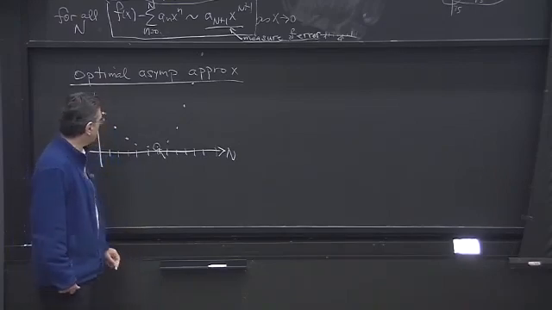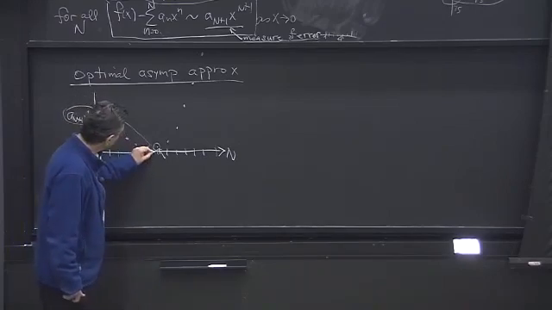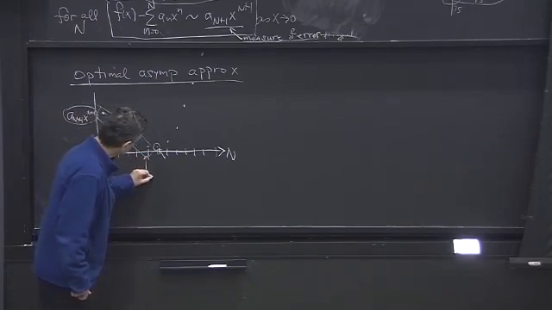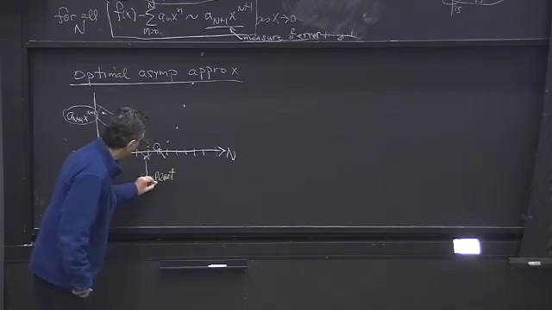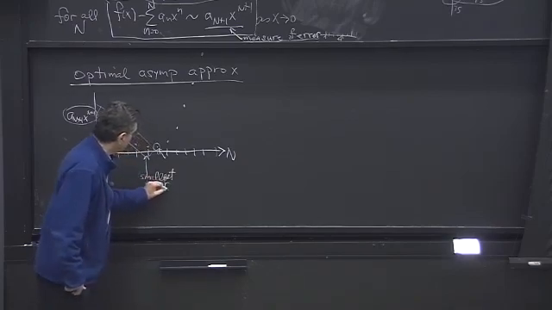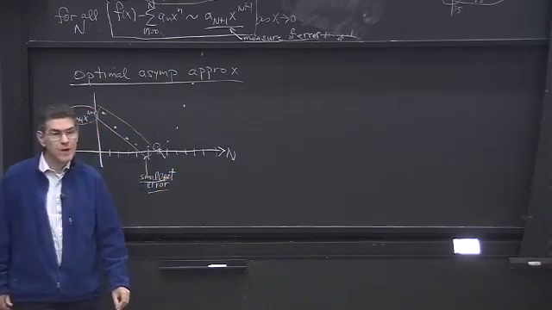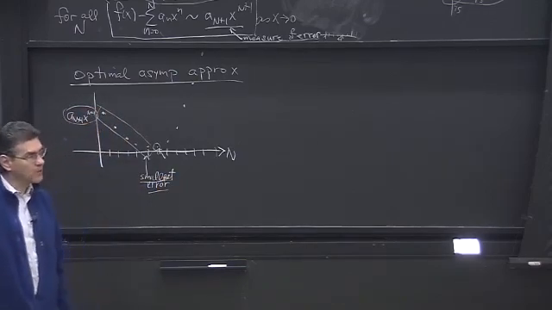Therefore, we expect that if you take this partial sum, it will have the smallest error. And that's called the optimal asymptotic approximation.